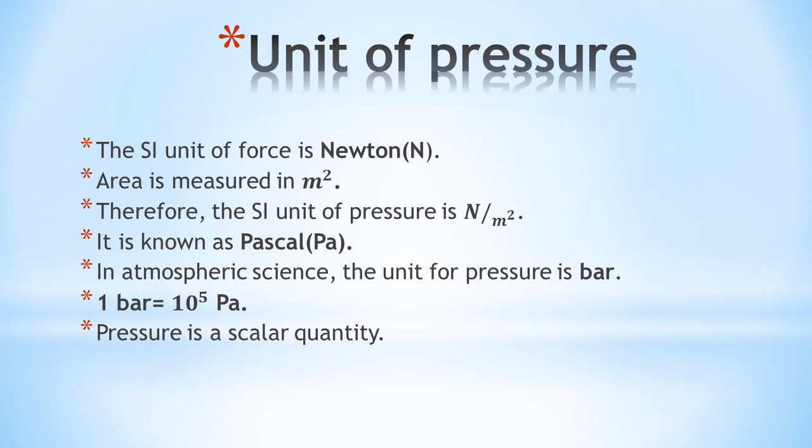In atmospheric science, the unit of pressure is bar, and 1 bar is equal to 10 raised to 5 Pascal. Now pressure is a scalar quantity. Students, in the previous lecture I told you force is a vector quantity, because it has direction as well as magnitude. But pressure is a scalar quantity, that means pressure only has a magnitude.